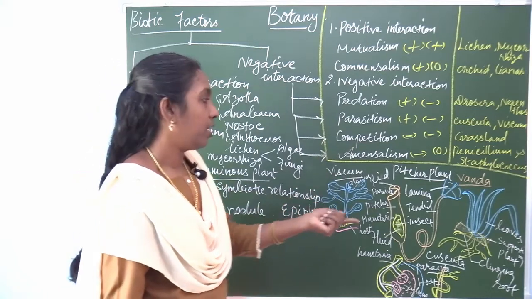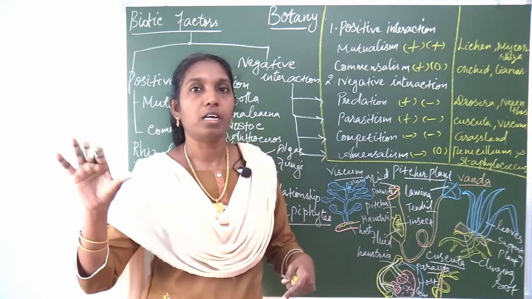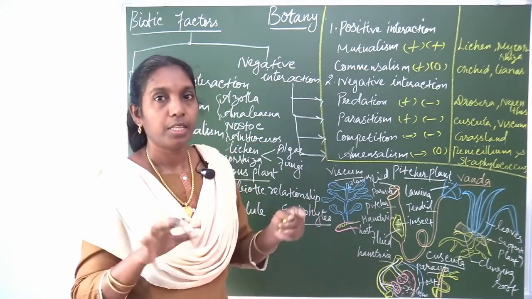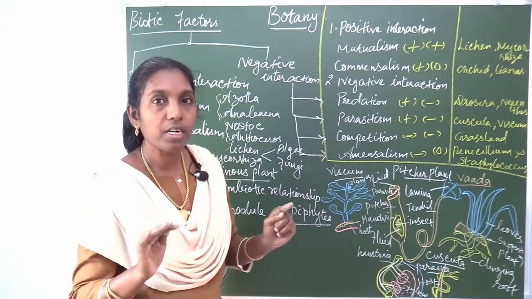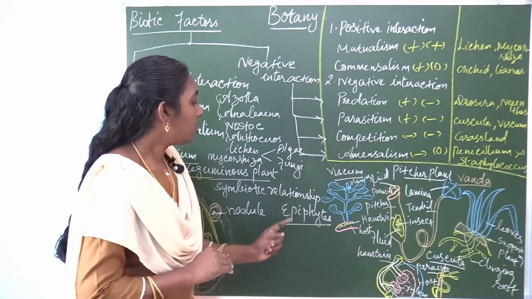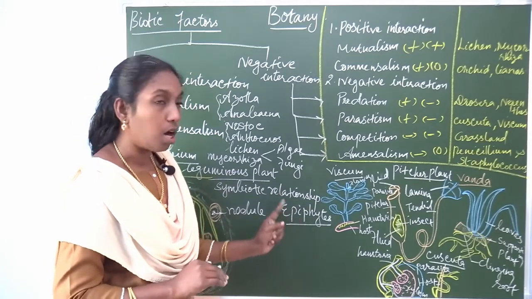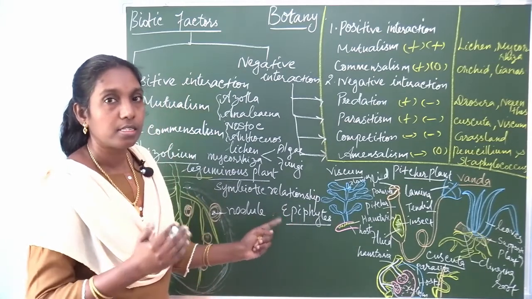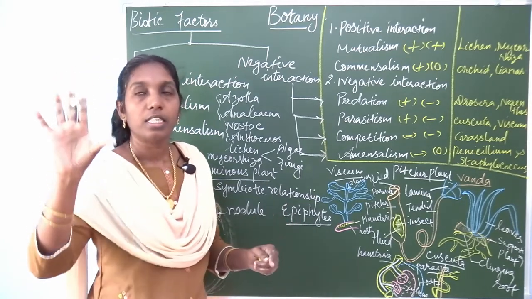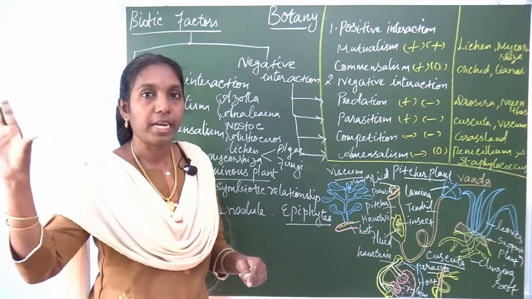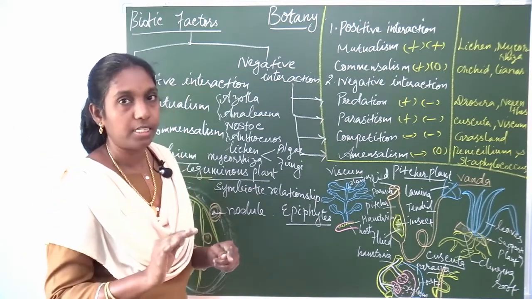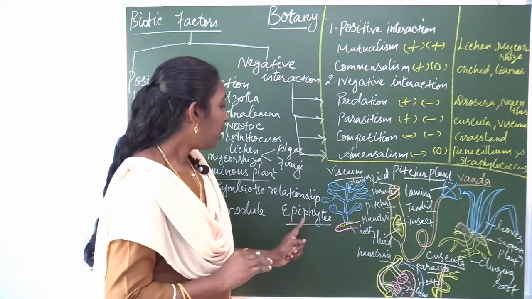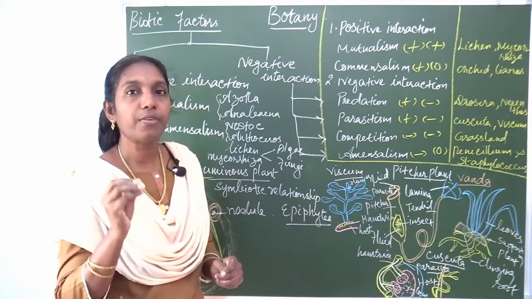So if you keep this orchid on another plant, on other branches, it never harms the host. Most orchids, as you may have seen, just get shelter on the branches of higher trees, higher plants, and they have specific roots.